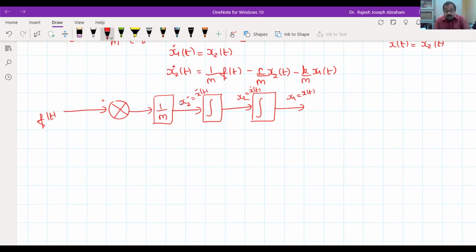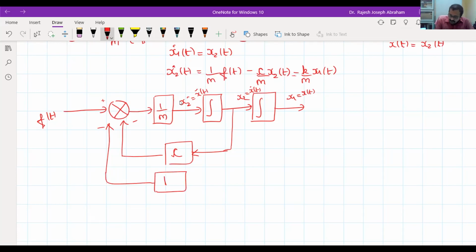It is not c by m, because the 1 by m term is already there and takes care of that part. Next, minus k by m x1 of t: again a negative sign, with a gain of k from x1 of t.